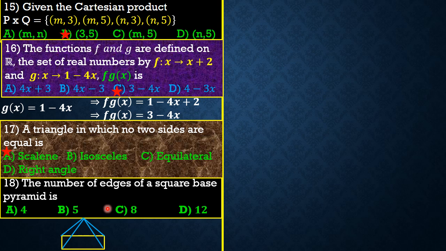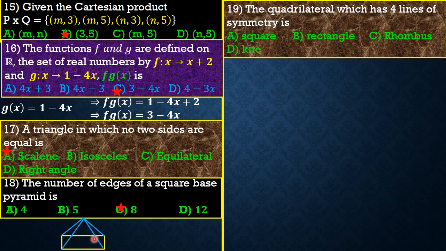Although it's not actually a square base pyramid, the number of edges is still the same, guys. So if you count the number of edges, which are simply these lines that we have here, we have 1, 2, 3, 4, 5, 6, 7, 8, right? We have 4 above and 4 below. So option C, guys, has to be the best option.